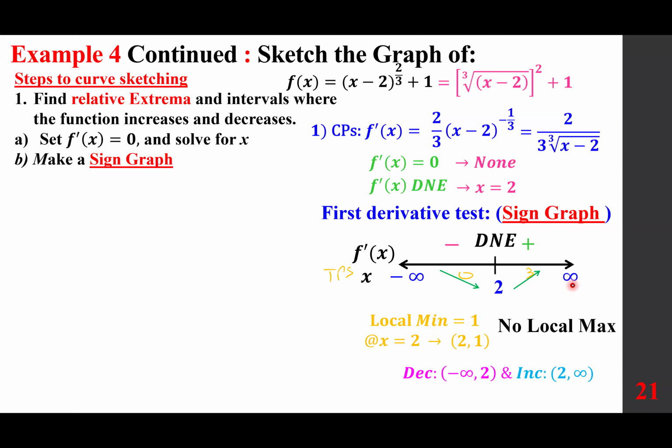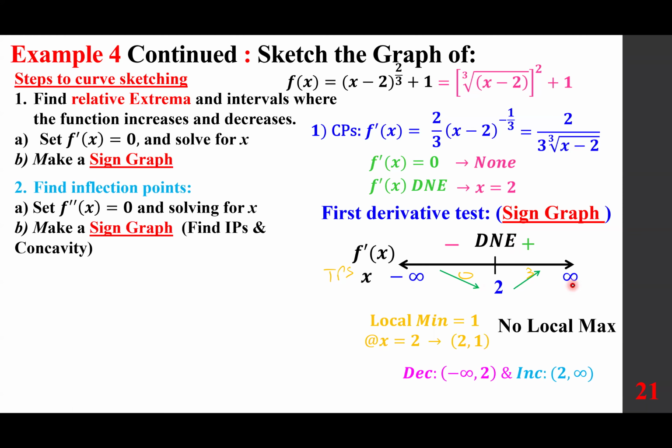The next one is finding the inflection points, if we have any, by finding f double prime. So what is f double prime? We're going to go to f prime, in this format, and differentiate: 2/3 times negative 1/3. The product of these two, everybody, is negative 2 over 9. Then x minus 2, subtract 1 from the exponent, you get minus 4/3. The derivative of the inside is 1.